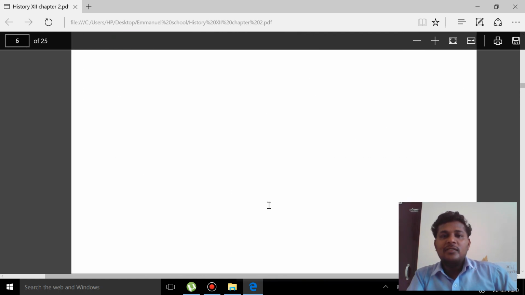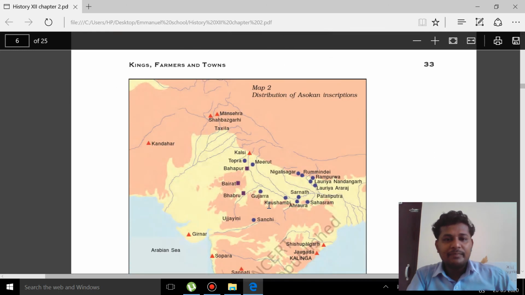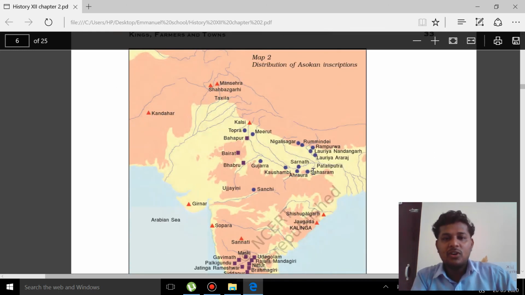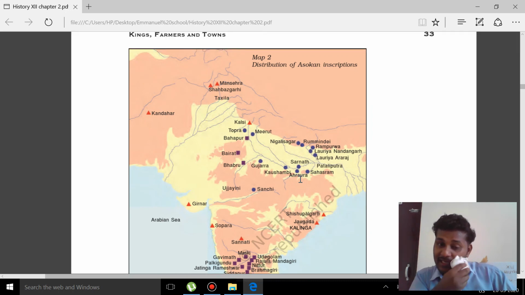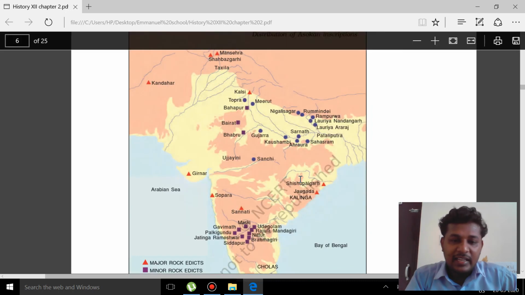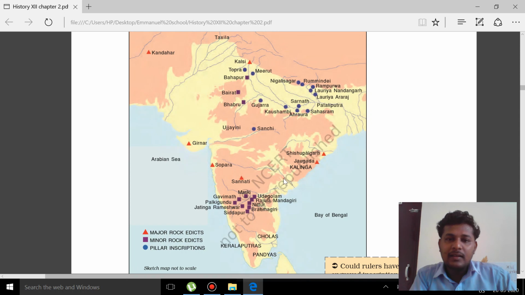So we just missed out the map on page number 33, and this map talks about a lot of new places. Sarnath, very important. Kausambi we have already seen. Ujjain is there, Girnar is there, Swarnagiri must be there. Sarnath, yes, this one. Patliputra, yes. Then Rummindei.